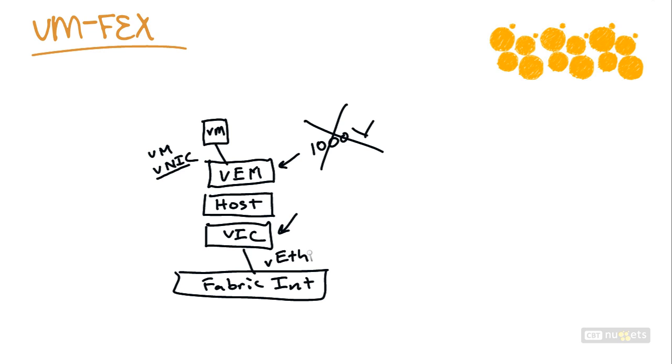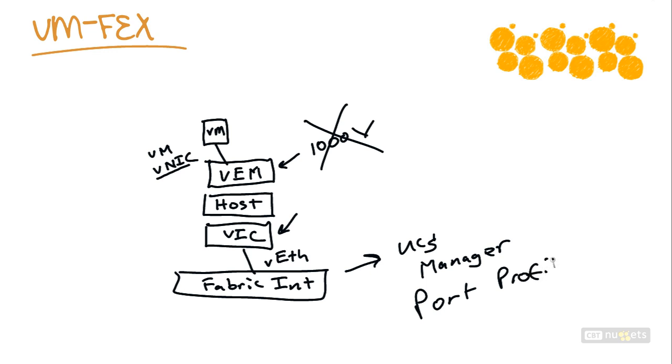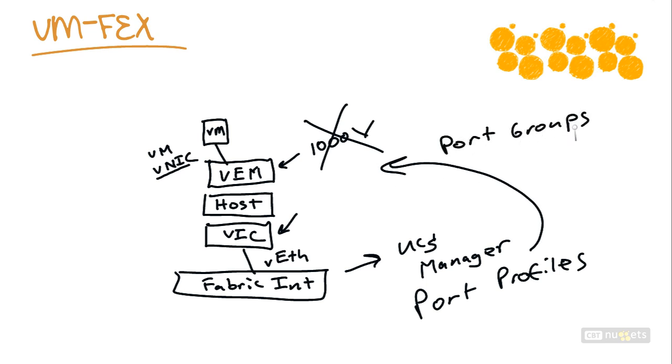How can we make these configurations? Well, once again, we use, in the UCS manager this time, port profiles. And the UCS manager port profiles are going to create the appropriate port groups in the VM environment, specifically the VMware environment.